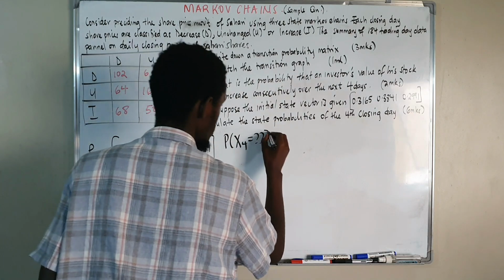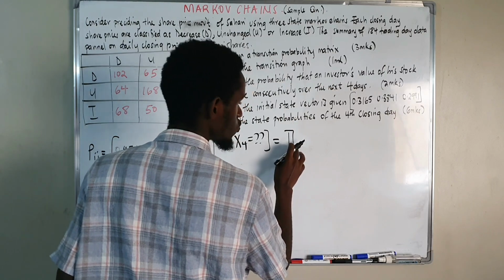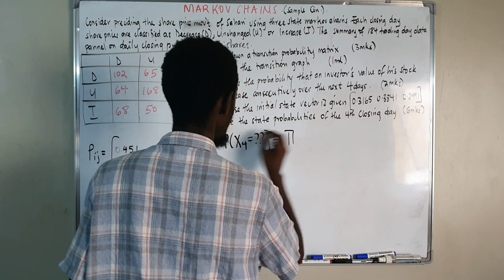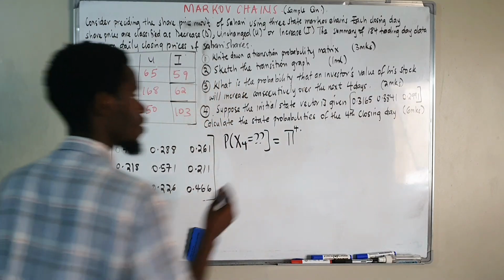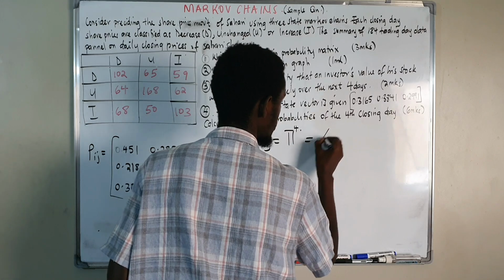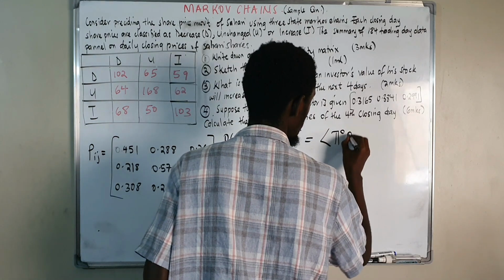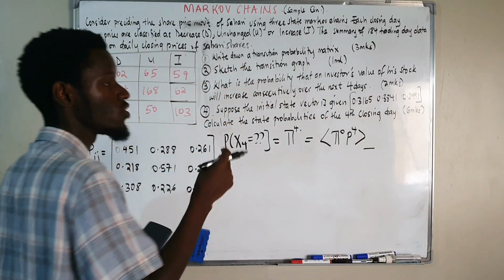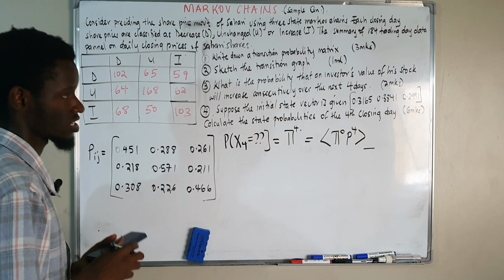Now here we say that this is the same thing as having pi, but now here we have nothing like today, because we have all the states here, and now here it is 4. This calls for us to get the same thing as having pi naught times p power 4, and then we read off all the values of d, u, and i. I think we have together also on that step.